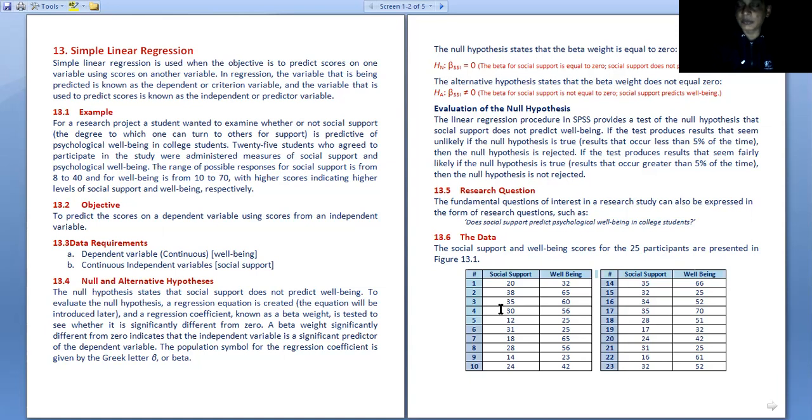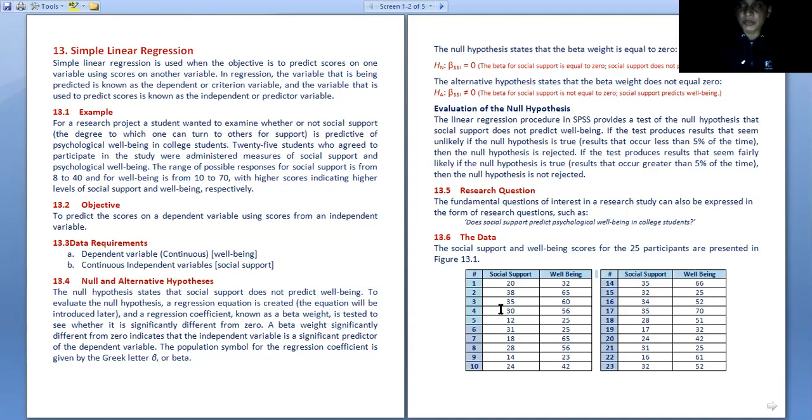The null hypothesis will always be that beta is equal to 0. That is, for this example, social support is not predicting the psychological well-being of the student. That is the null hypothesis. Whereas for the alternate hypothesis, beta is not equal to 0, which means social support is predicting the psychological well-being.